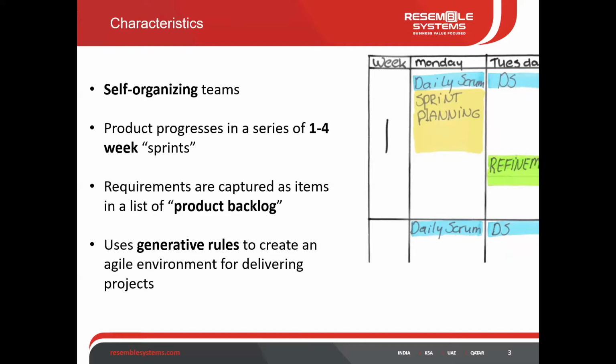The product progress will be executed in 1 to 4 week sprints, which I will explain later. What this means is I will have some module developed, or some features rolled out, within 1 to 4 weeks. There is no need for me to wait for a complete 5 or 6 months to roll out the project. Instead, I can roll out the application based on business priority.